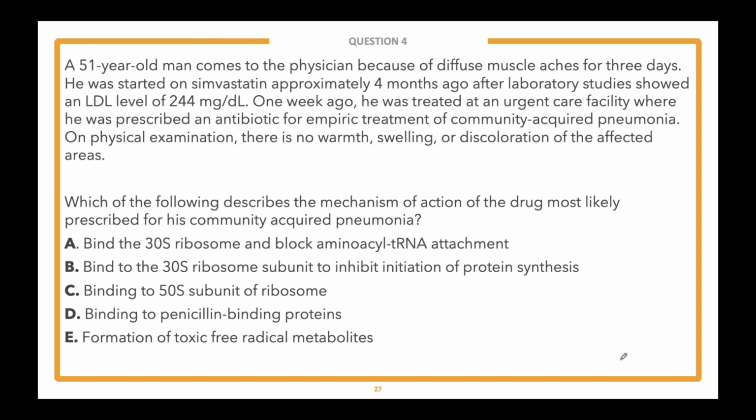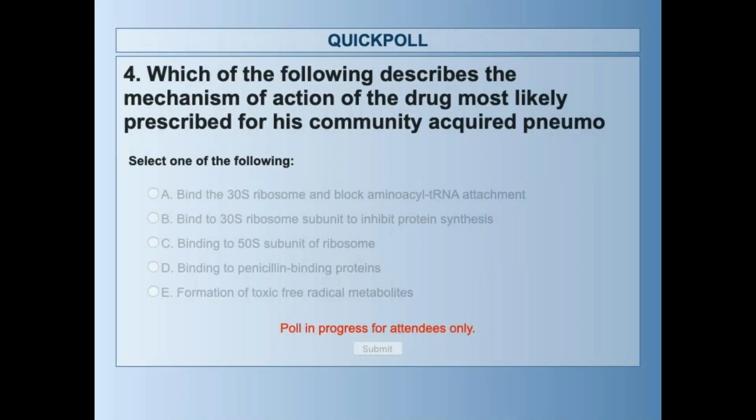B, binding to the 30S ribosome subunit to inhibit initiation of protein synthesis. Or A, binding the 30S ribosome and blocking aminoacyl tRNA attachment. So just like always, guys, we'll give you a little bit to think over that. And when you're ready, select one of these answer choices in the poll.